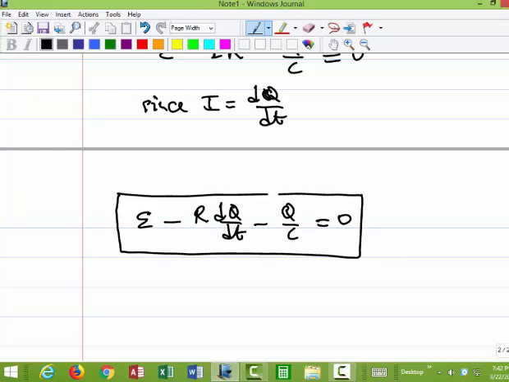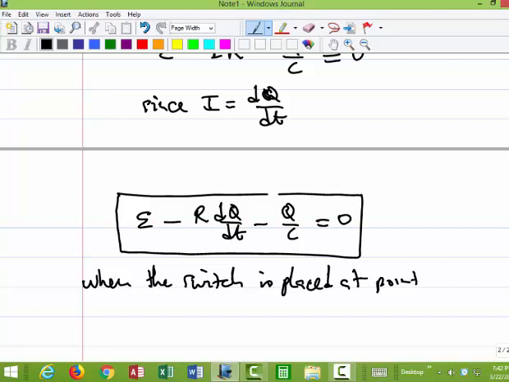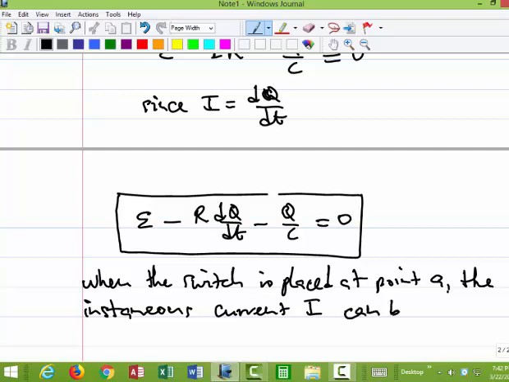Okay. And then we'll say that at an instantaneous point, so when the switch is placed at point A, the instantaneous current I can be found.